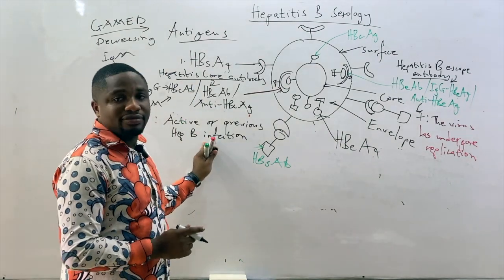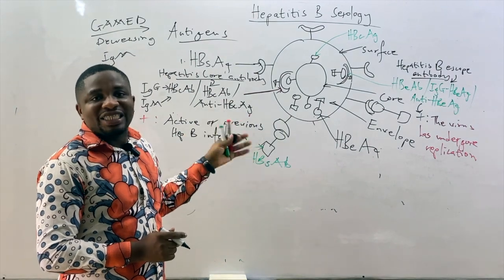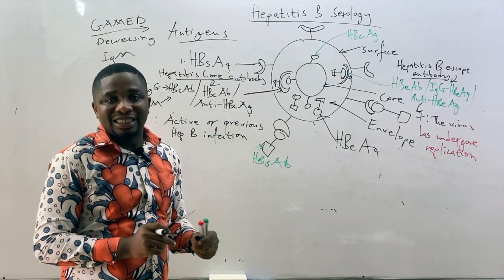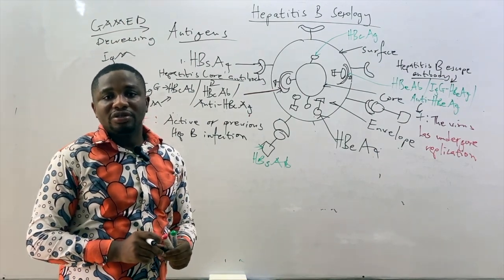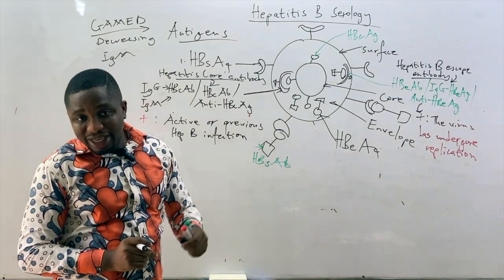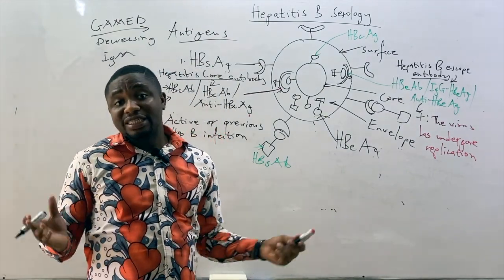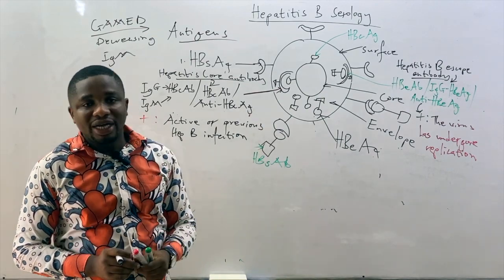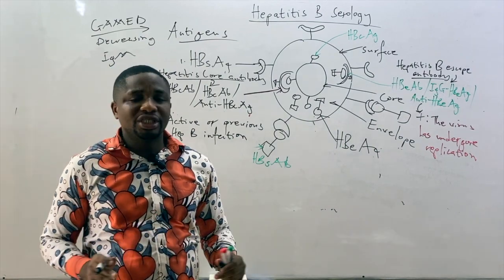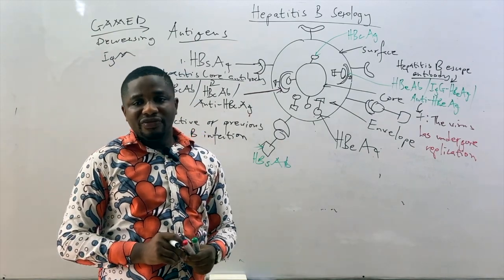The moment hepatitis B core antibody is positive, know that the hepatitis B surface antibody you are seeing is indicating that the patient has been cured from a previous hepatitis B viral infection and not vaccination. The only way by which you can say that the patient is immune due to vaccination is when the hepatitis B core antibody is negative, telling you that there has not been a situation of viral infection before. There was no hepatitis B infection.